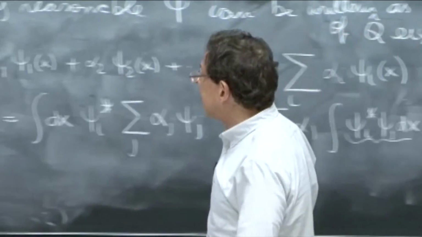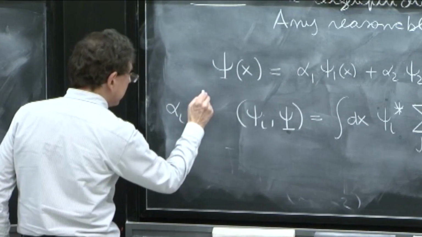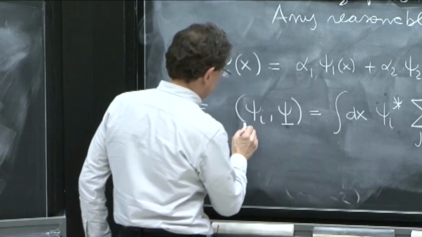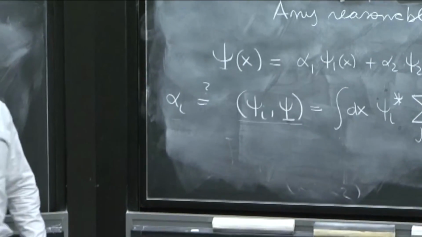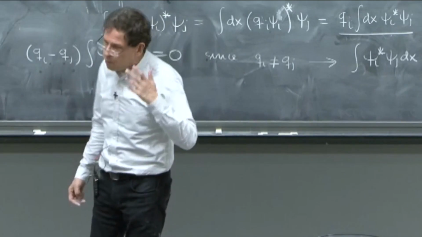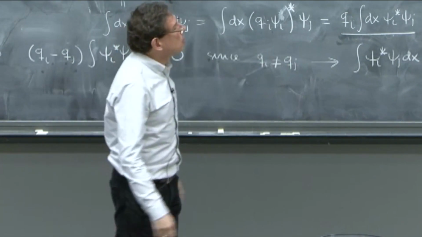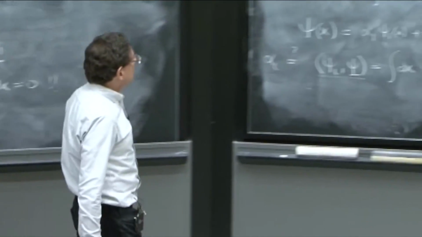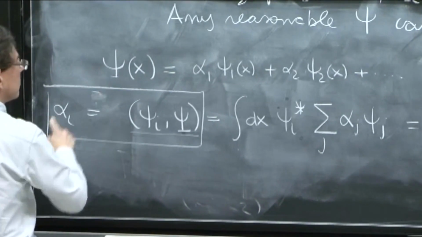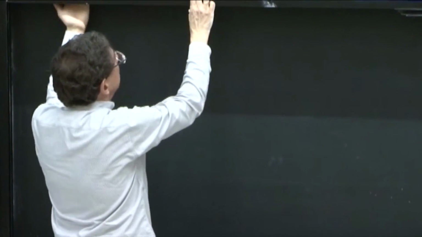So we did succeed in calculating this, and in fact alpha i is equal to this integral of psi i with psi. So how do you compute an alpha i? You must do an integral of psi i star times your wave function. So it is calculable. The alpha i's are given by these numbers, as we proved there.